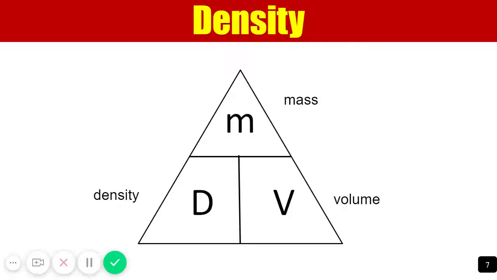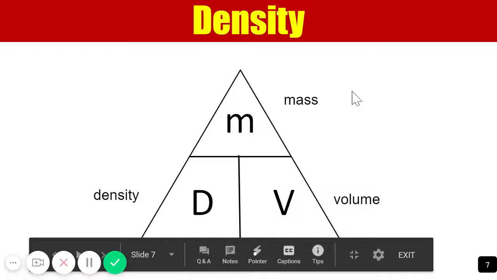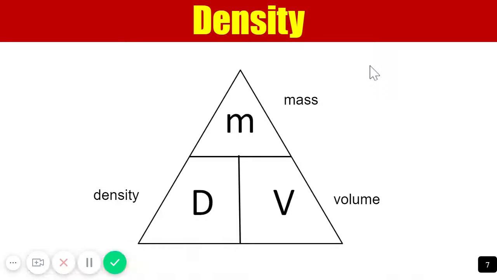As I've mentioned, density is mass over volume. But how do you remember it? I always like to use this triangle where you place the mass on the top, the density on the left hand side, and the volume on the right hand side. And if you need to calculate a specific unit, you will just basically cover it.